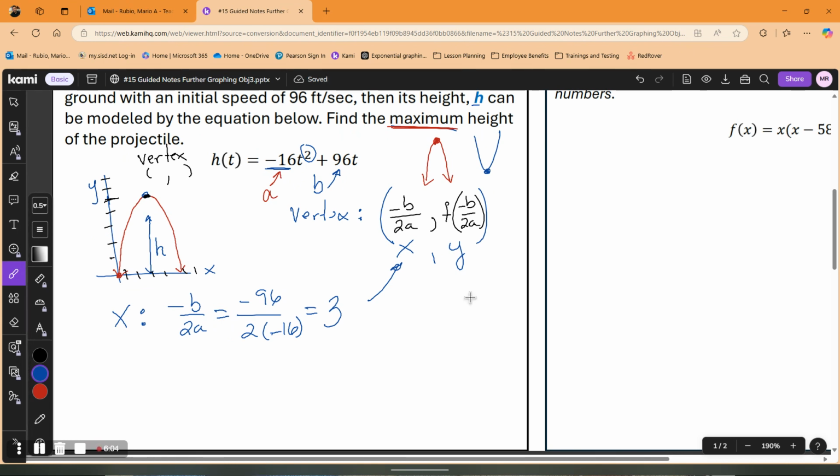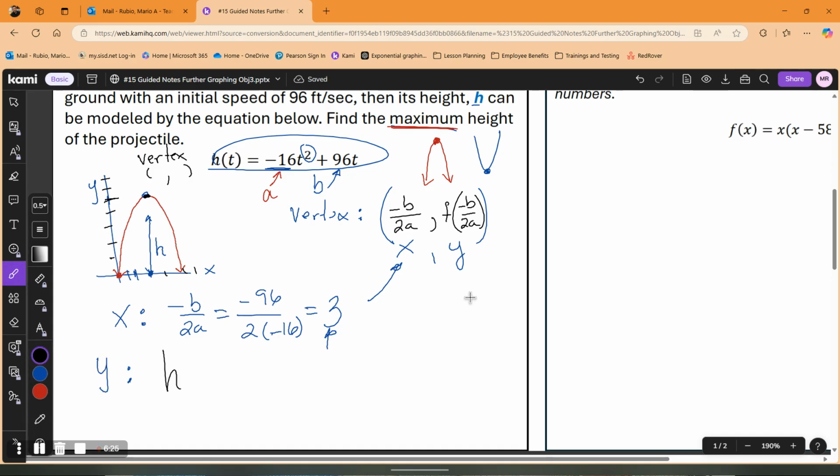So we know we're going to be at 1, 2, 3. I kind of drew this ugly. Now we just need to find out our y. And our y is this function evaluated at 3. So here's how we're going to write it for our y.